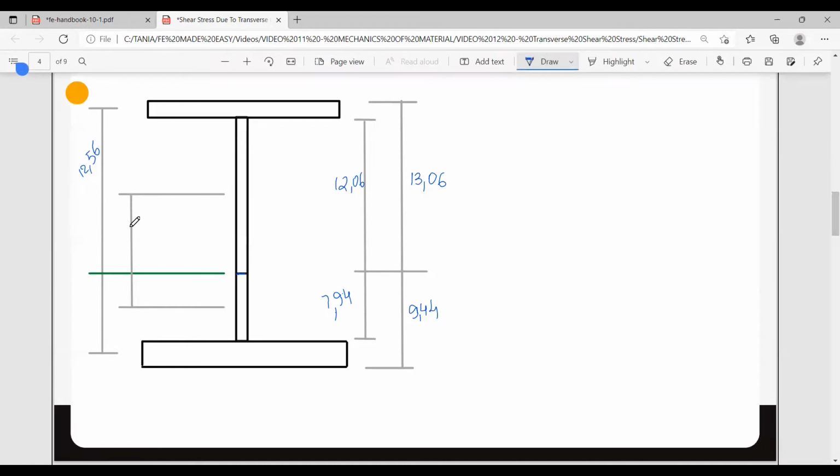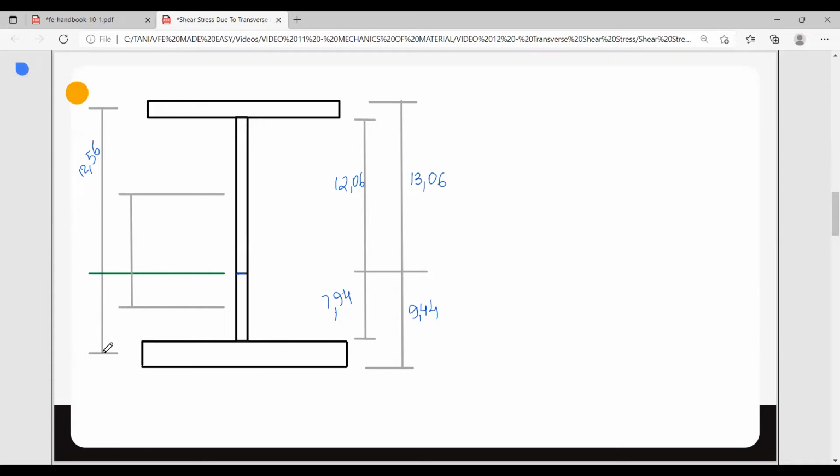Then let's move forward. Now this distance here is going to be 9.44 minus 3/4, equals 8.69.